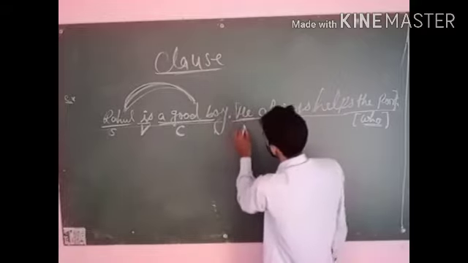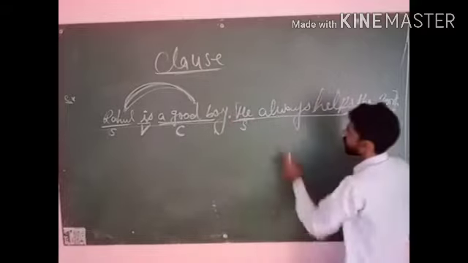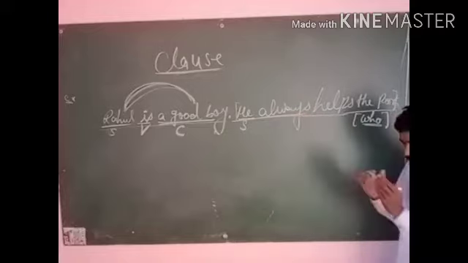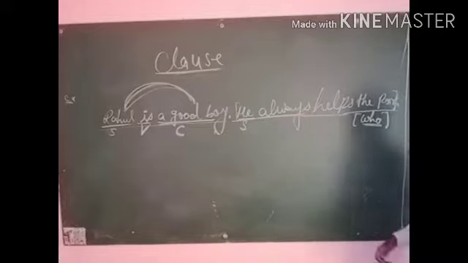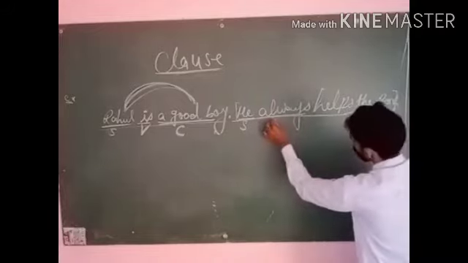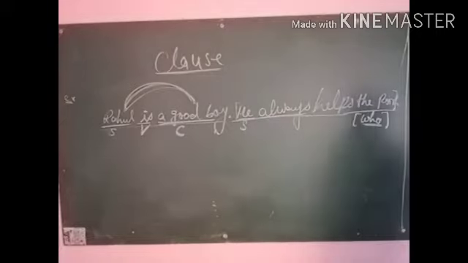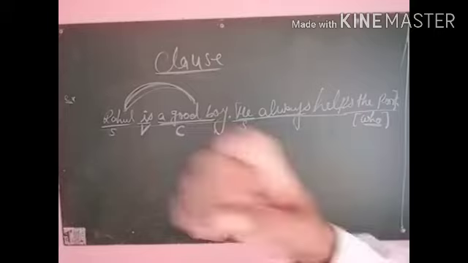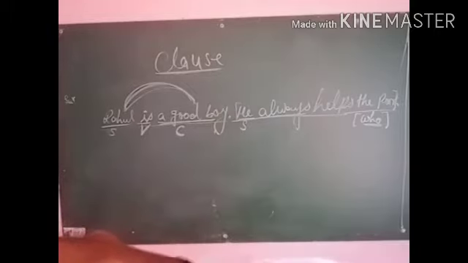See the next sentence. He is subject. Always. Always gives the answer of when. And when we ask the question of what, where, when, how, and why, that is adverbial.